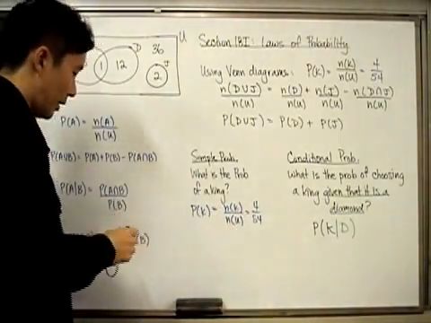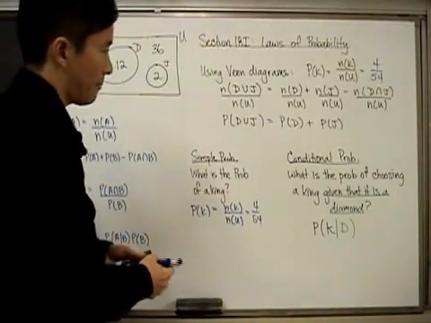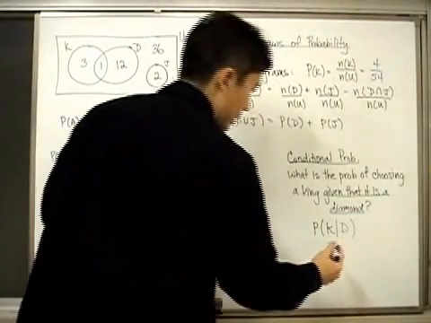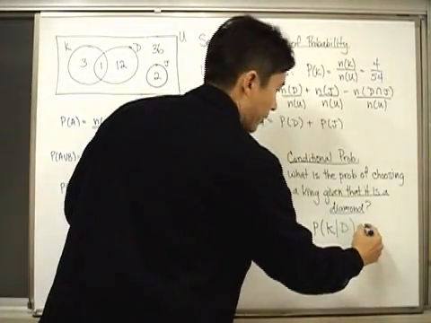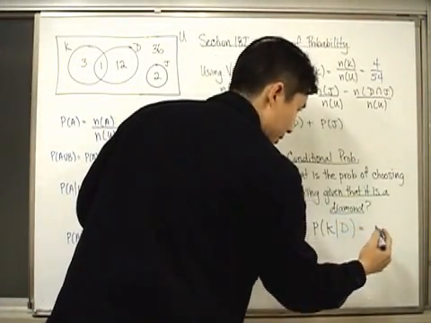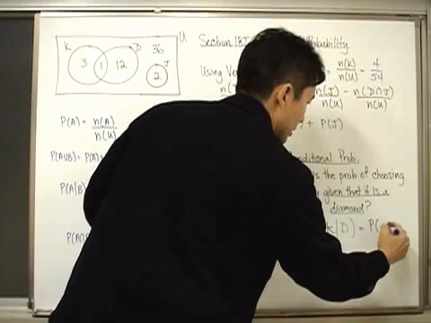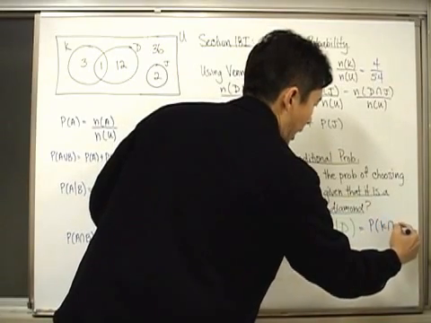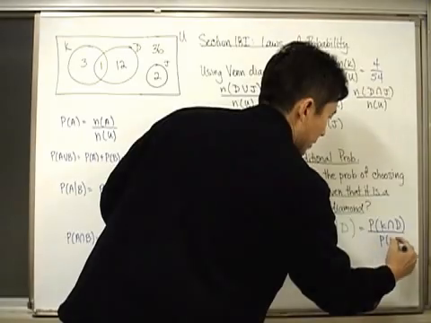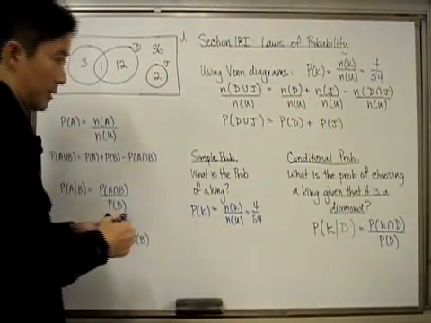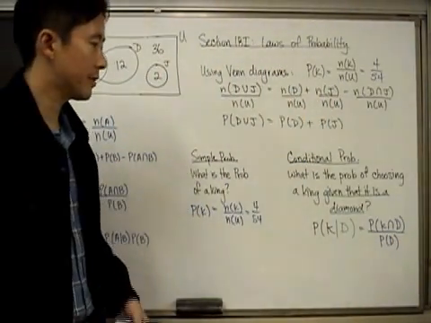Now, if we wanted to think about what that means, we can just use the formula, and this is what the formula says. If you have conditional probability, it is the probability of K and D divided by the probability of D. Okay, so let's think about what that means first.